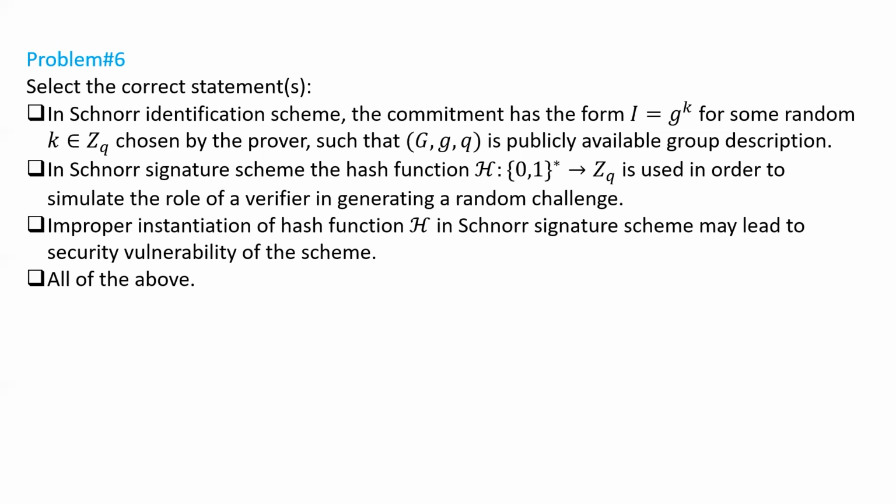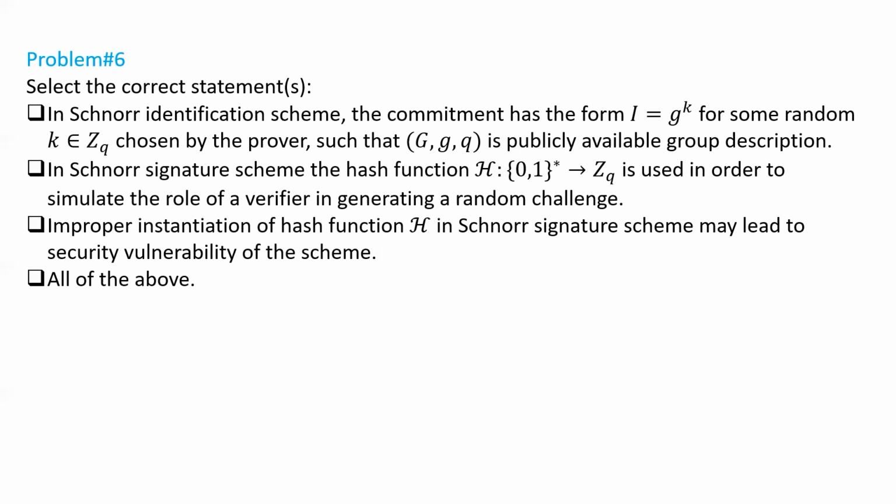In response, what the prover does is that it computes Rx plus k mod q. Now remember x is the secret key, and its corresponding public key g to the power x, also denoted as h, is available to the verifier. R was chosen by the verifier and sent to the prover. In response, the prover replies with the response S as Rx plus k mod q.